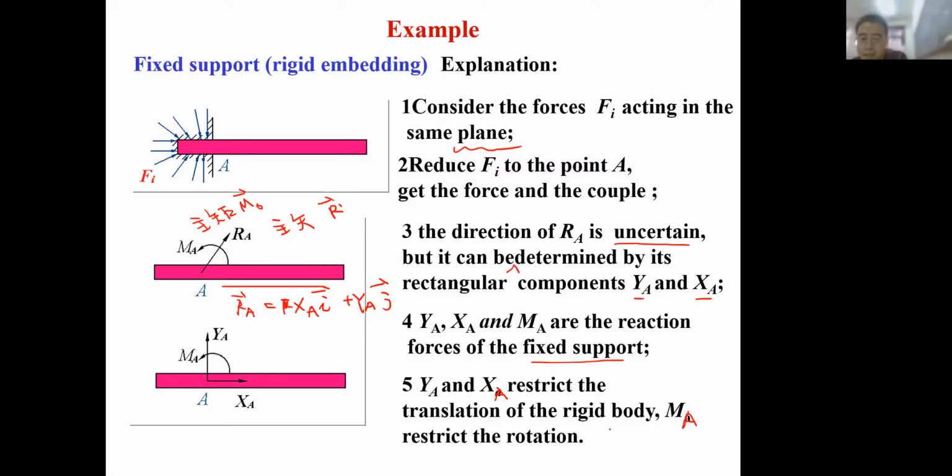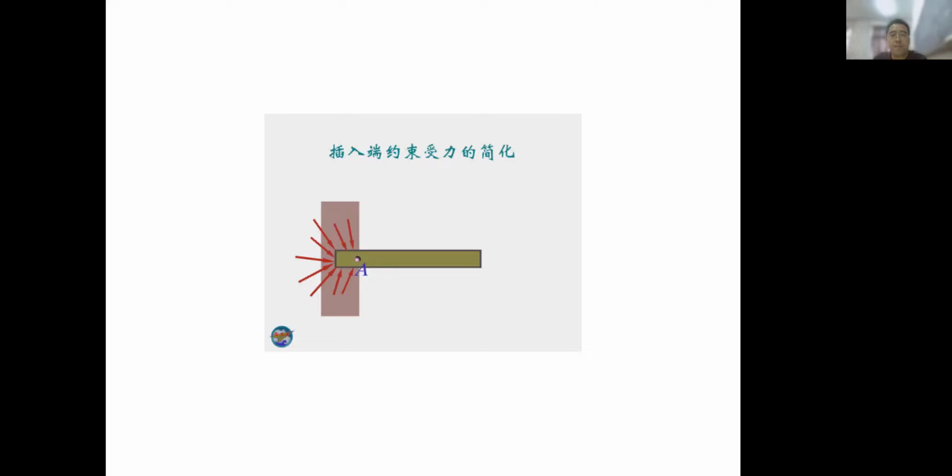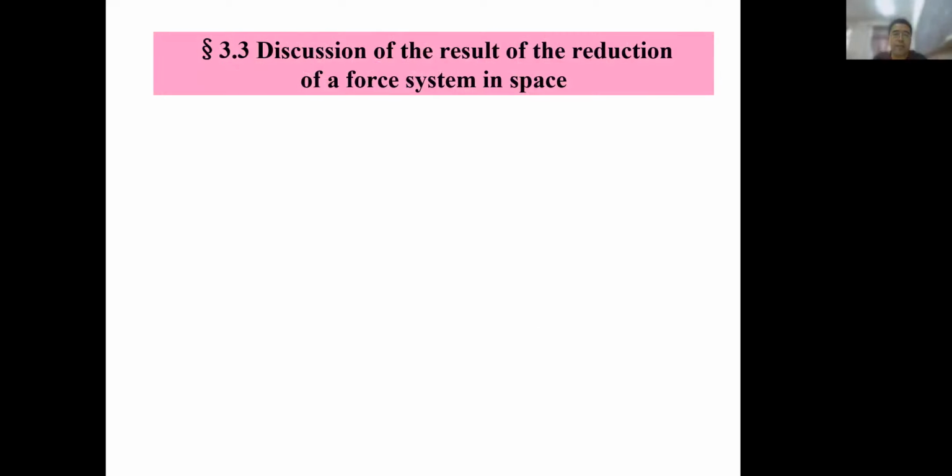The same thing, we have talked about it a lot of times. So maybe you can have a deeper understanding of constraints and their reaction forces. Let's continue. This is a picture of this, we will just skip that.